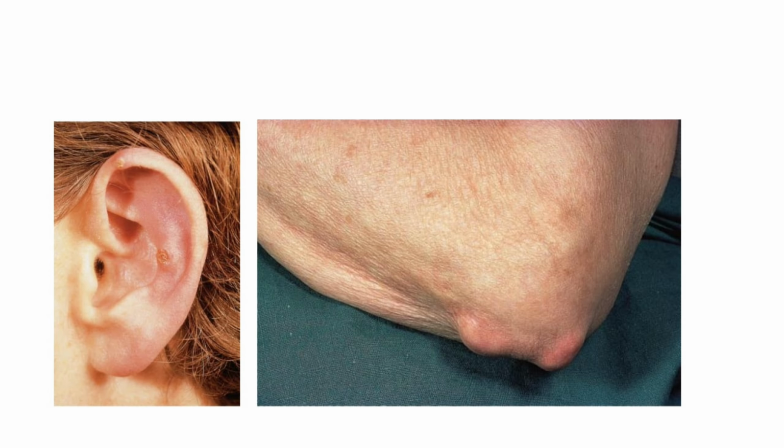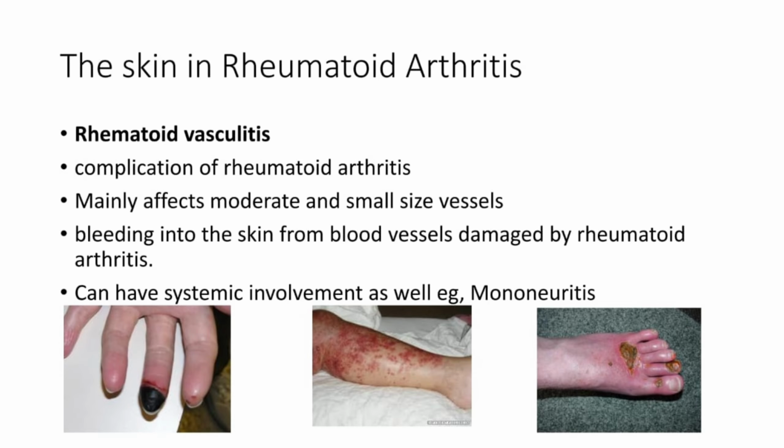Connective tissue disease, rheumatoid arthritis: rheumatoid nodules can be seen in the elbow region and ear pinnae, and also they can present with vasculitis, with necrotic ulceration in the distal part, and neutrophilic dermatosis I have mentioned.